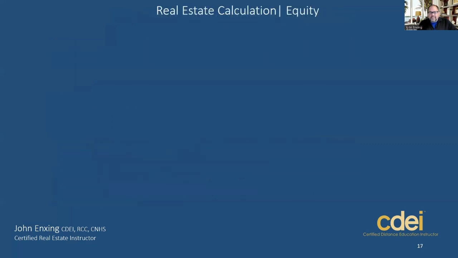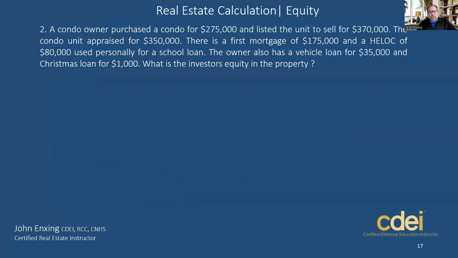All right, here's our next one. Another real estate calculation that they like to throw on the exam is equity. So you may have a problem like this. A condominium owner purchased a condo for $275,000 and listed the unit to sell for $370,000.